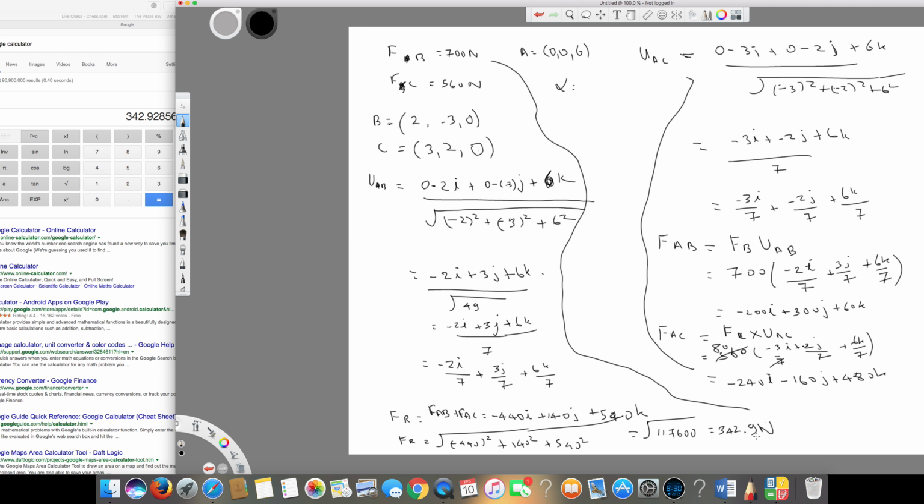To find the real alpha, I have to divide it by the resultant force, and then cos inverse it. So alpha is going to be cos inverse of minus 440 over 342.9. Let's see what we get.